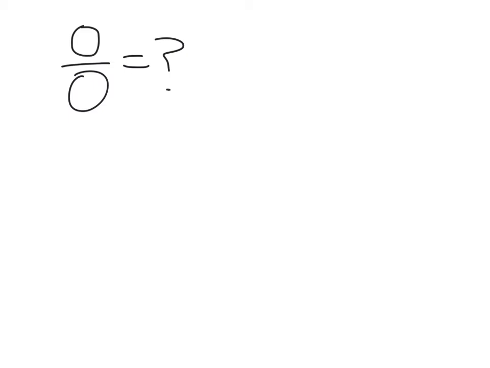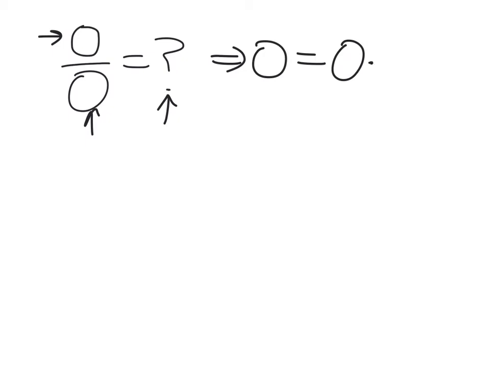If we look at this the same way we've been looking at the other division problems, we would say 0 equals 0 times what? What could that be? Wouldn't that be any number? This could be any number whatsoever.